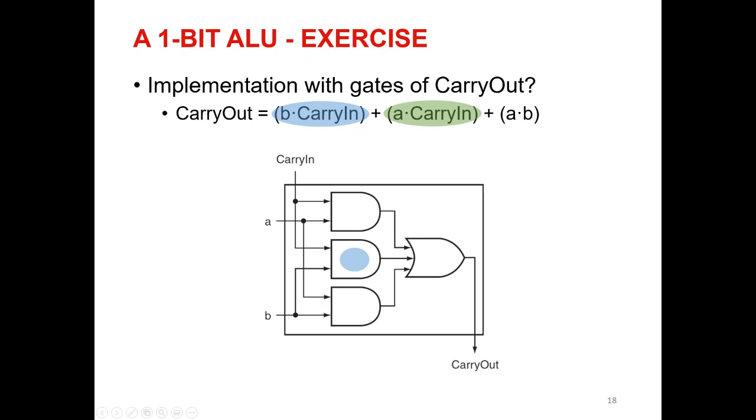And this is actually this part of the equation. Okay, so the next part, A and carry in. Similarly, here we have the carry in and the input A, and it's done in this AND gate. And then we have here again another AND gate, which is B and A. And then we have an OR gate for all those three outputs of the AND gates, and this is actually the output for the carry out.